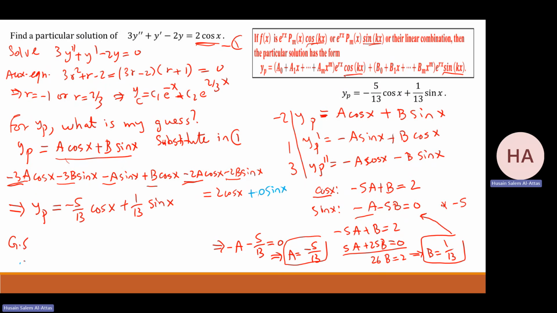What is my general solution? For 1, y equals yc plus yp.